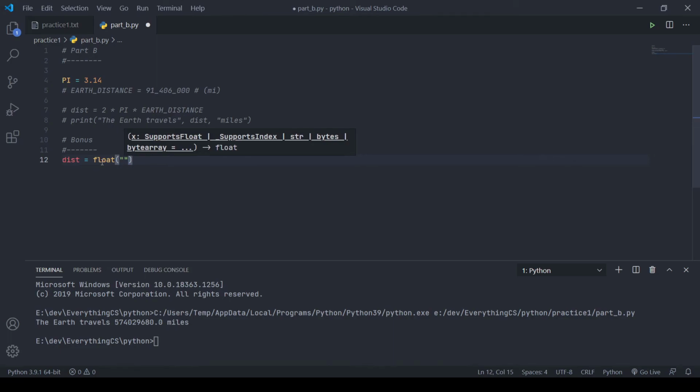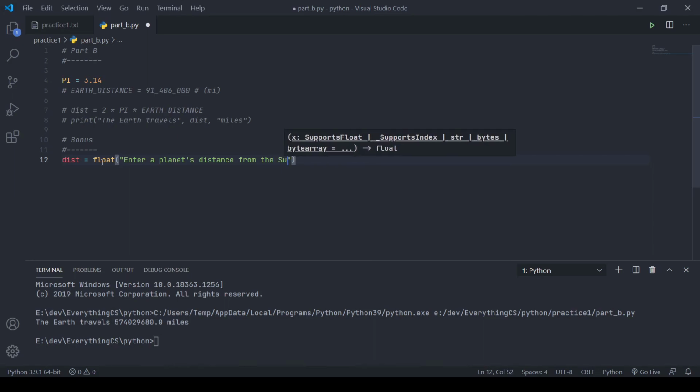We want to cast it as a float just in case it's not exactly whole. And then we'll say enter a planet's distance from the sun. Or we'll say from the star, because maybe this is in a different galaxy and it's not going to be the sun, right?